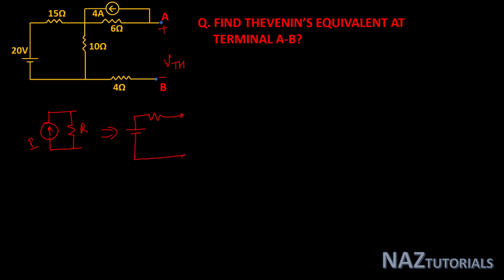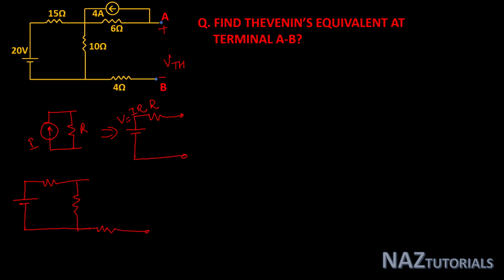So this is the concept of source transformation. There the value of V is equal to I into R. So let's see the network. In this network you can transform this current source by using source transformation.